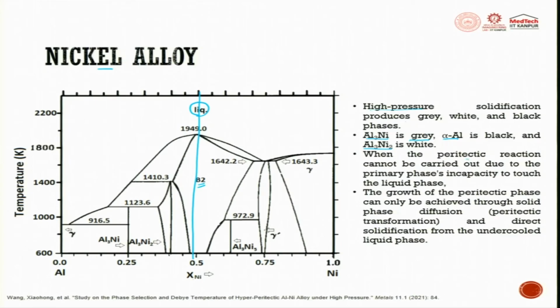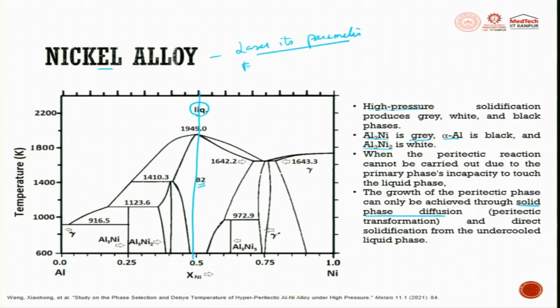When the peritectic reactions cannot be carried out due to primary phase incapability to touch the liquid phase, the growth of the peritectic phase can only be achieved through solid phase diffusion. What is the mechanism it undergoes, that is a separate course of itself, but we are only trying to understand the influence of laser, its parameters with respect to forming of these phases.